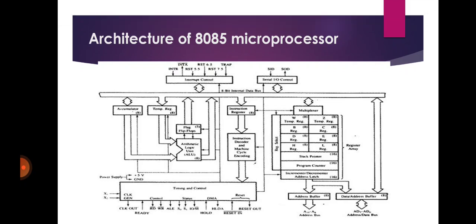The flag register is connected to the internal bus. We know that the flag register has 5 flags inside it, which are the sign flag, zero flag, auxiliary carry flag, parity flag, and carry flag.